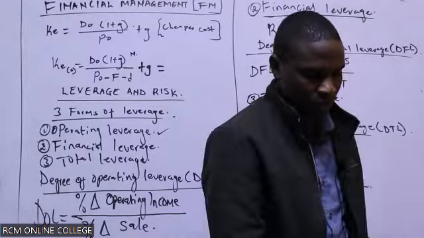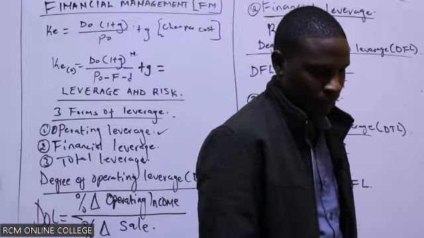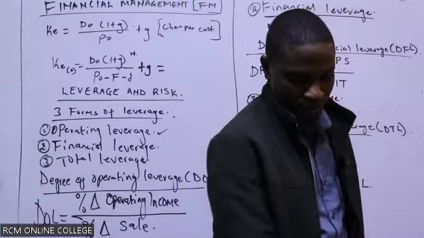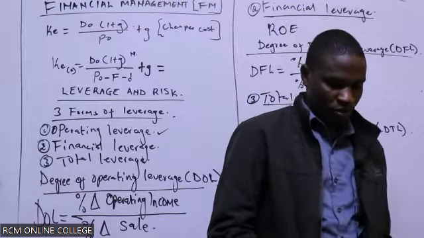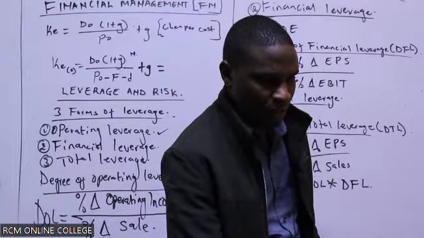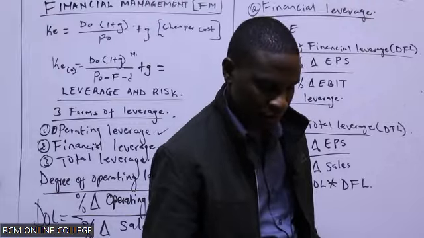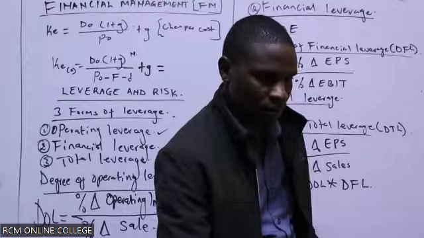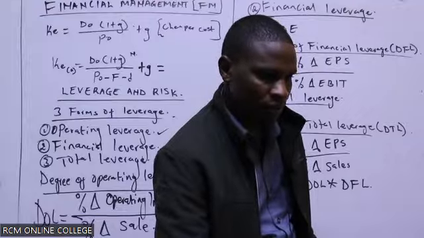Yes, August. The August past paper. Let's look at the August past paper. So can you look at that past paper and somebody share in the group? Past paper ya August 2023.